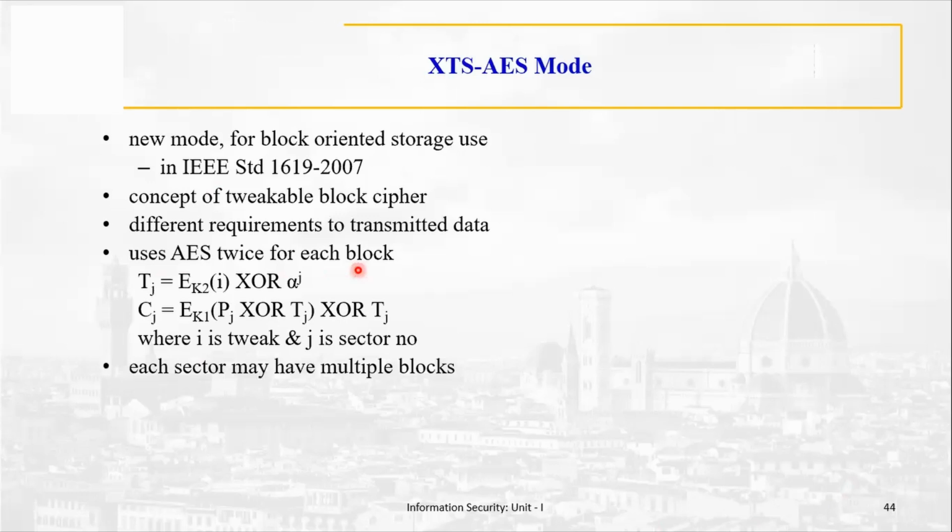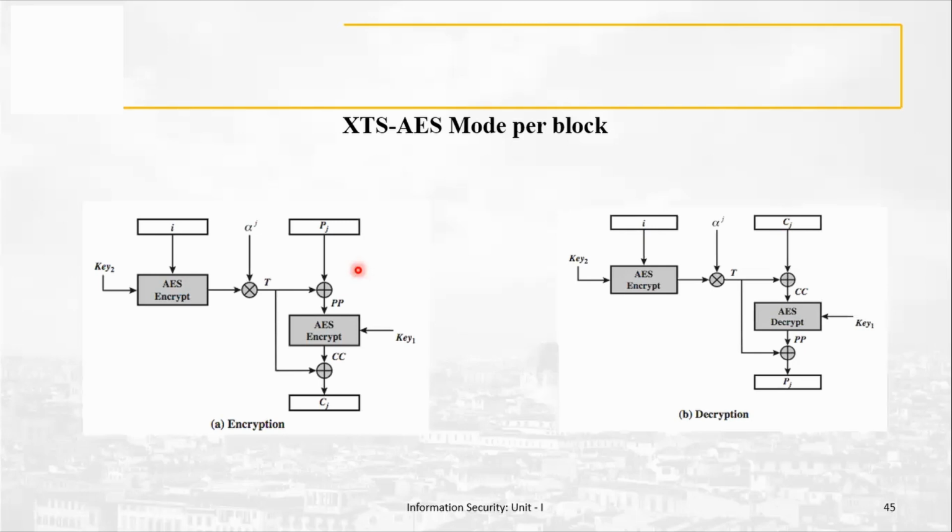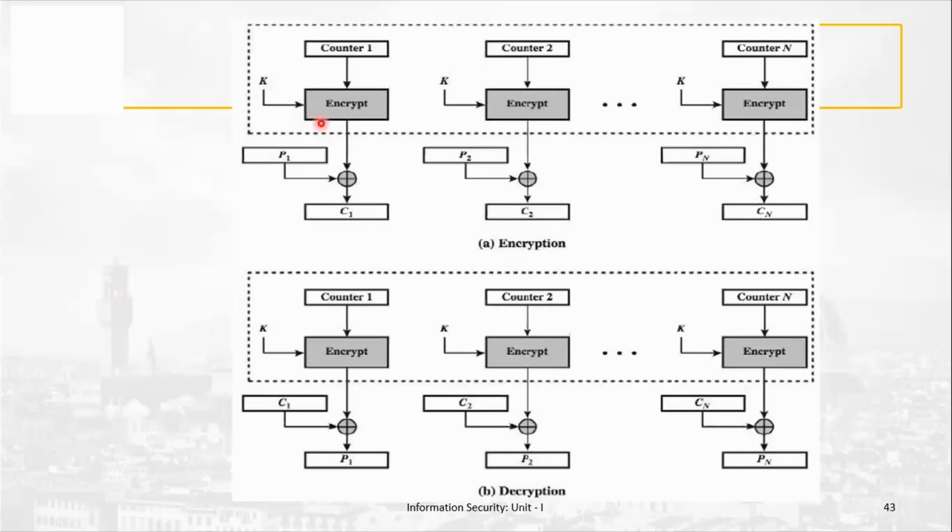Actually, only the XTS-AES mode is in your syllabus. What is this XTS-AES mode? You do the AES encryption first on the key. So instead of this simple encryption method, you are applying AES encryption when you apply some algorithm here.